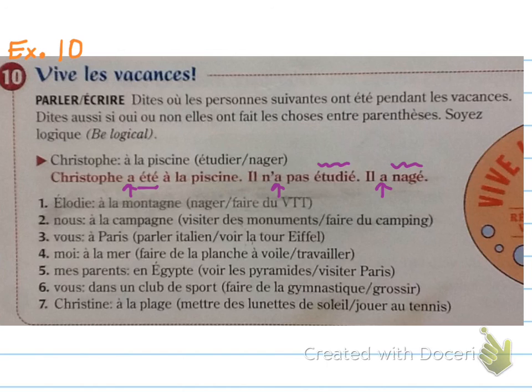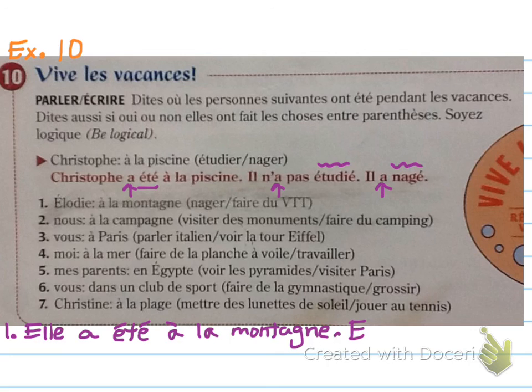One sentence is affirmative and one is negative, and you have to decide based on what makes sense. So number 1 would be elle a été à la montagne. And if she's in the mountains, she probably didn't swim, but she probably did go mountain biking.